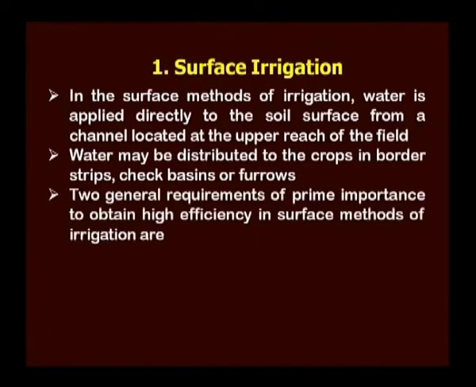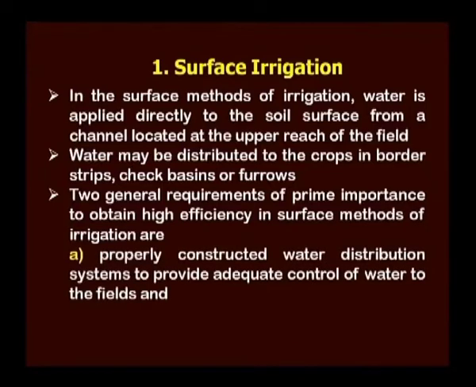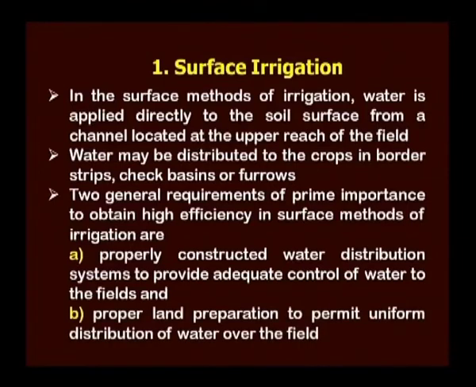Two general requirements of prime importance to obtain high efficiency in surface methods of irrigation are properly constructed water distribution systems to provide adequate control of water to the fields, and proper land preparation to permit uniform distribution of water over the field.